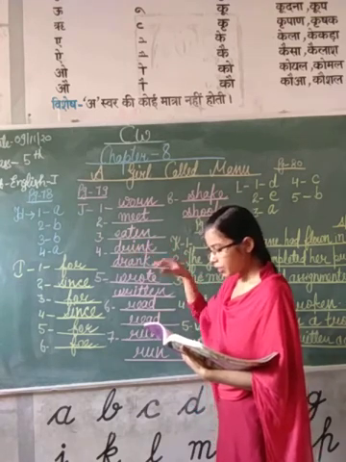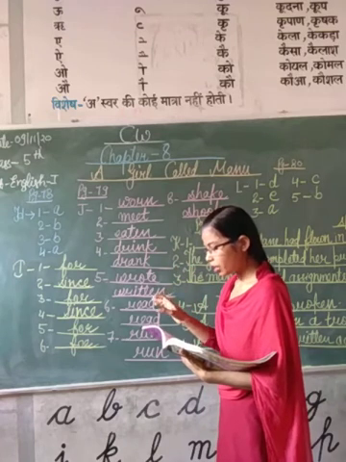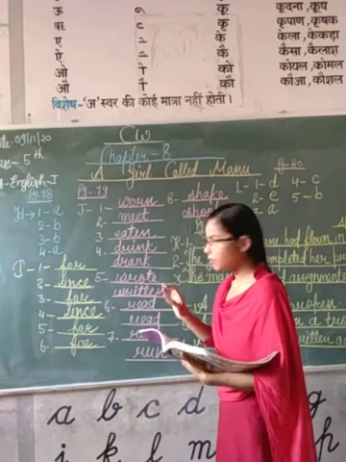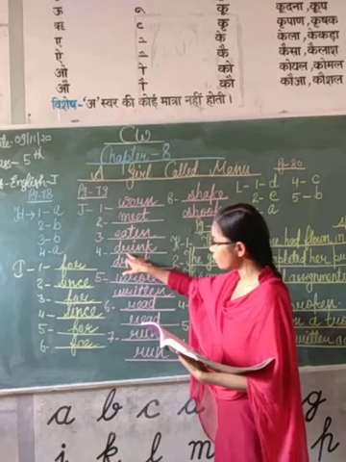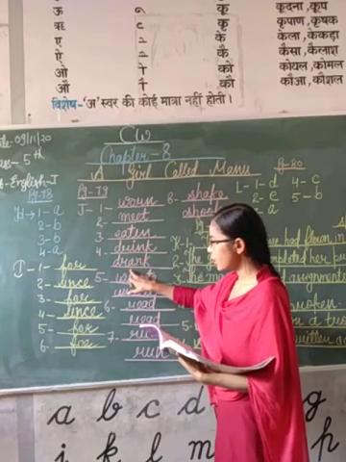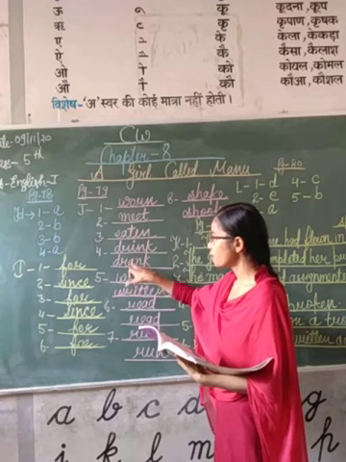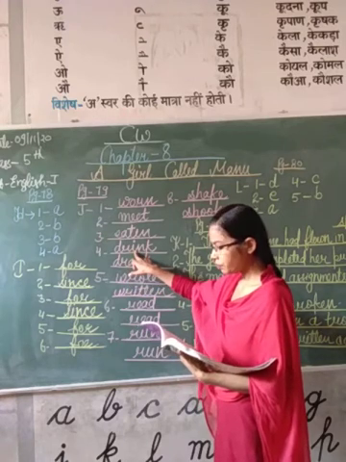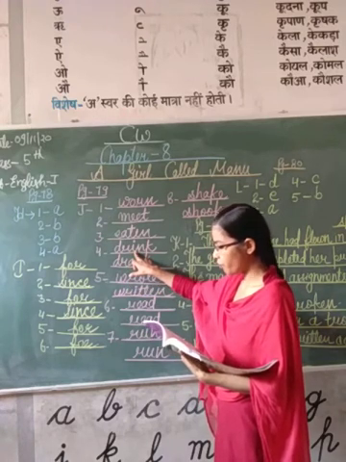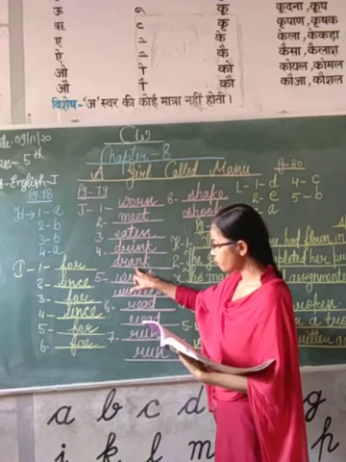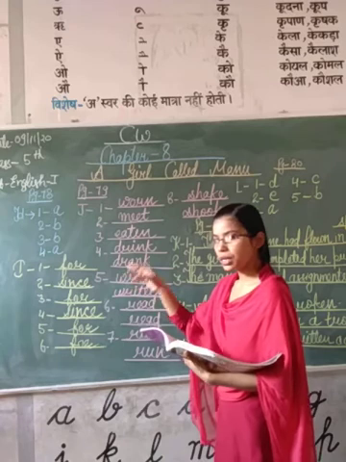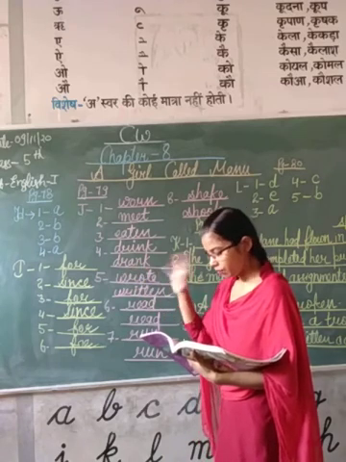Move to the next. The verb and simple past are missing and the past participle form is given, which is drunk. So in the first you will write drink, in the second you will write drank. So drink is the simple present form of the verb and drank is the past form of the verb, and drunk is the past participle form of the verb.